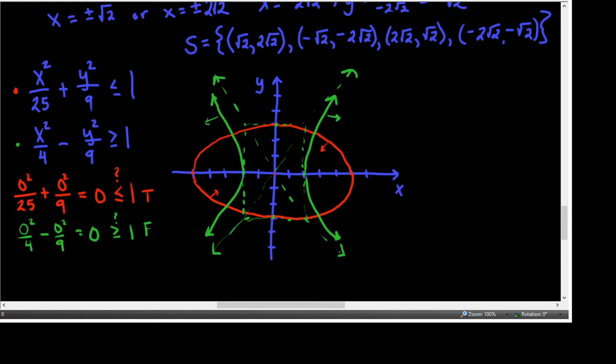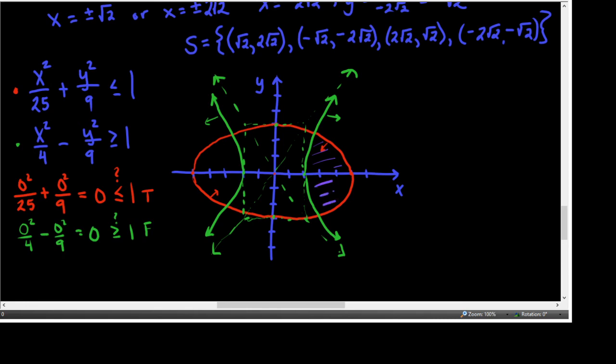Okay, so where do the two shadings intersect? Because when you solve a system, both have to be true. So it has to be both beyond, to the right of the hyperbola branch on the right, and inside the ellipse. So that indicates that it will be this region.